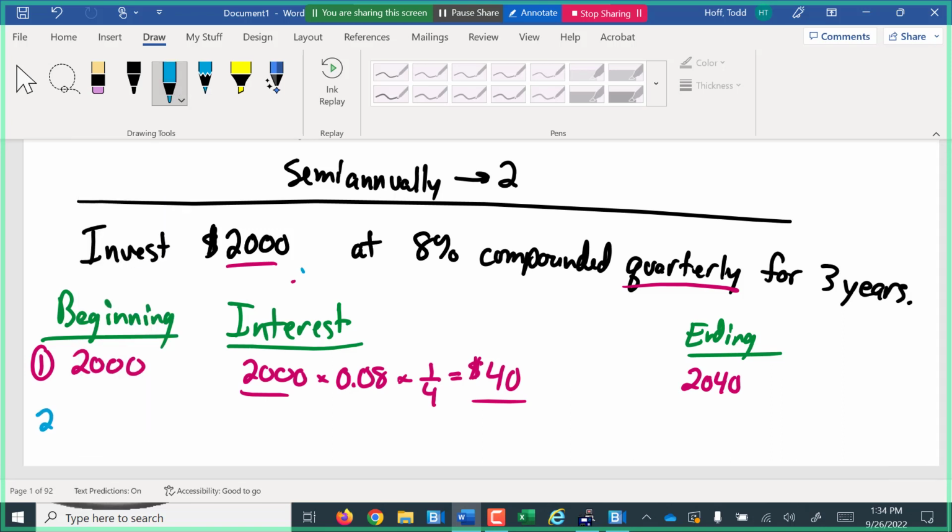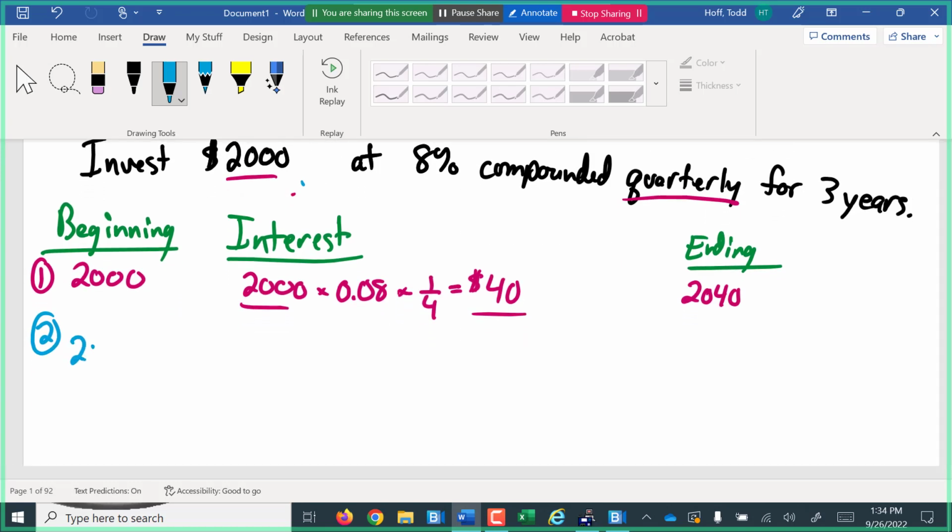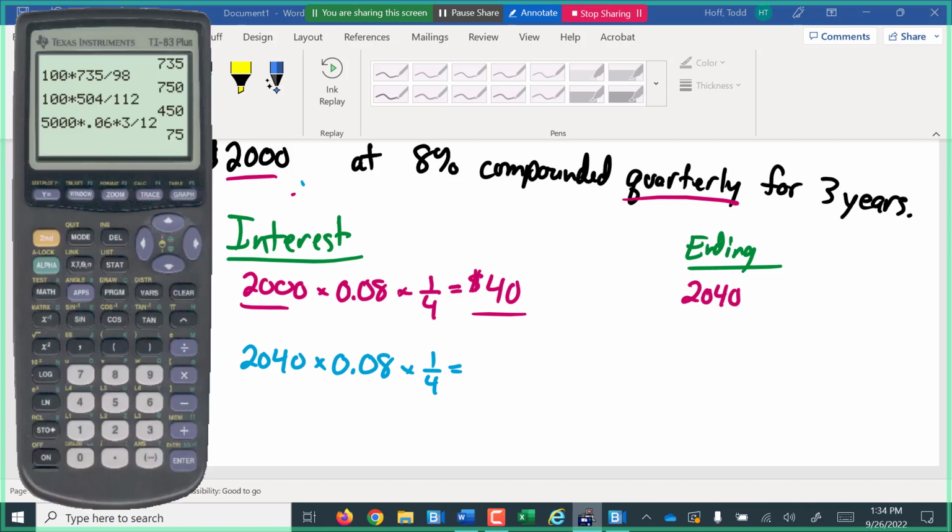We would start out quarter 2 with the $2,040. So the principal is now $2,040. The rate is still 0.08. Times 1/4 of a year.